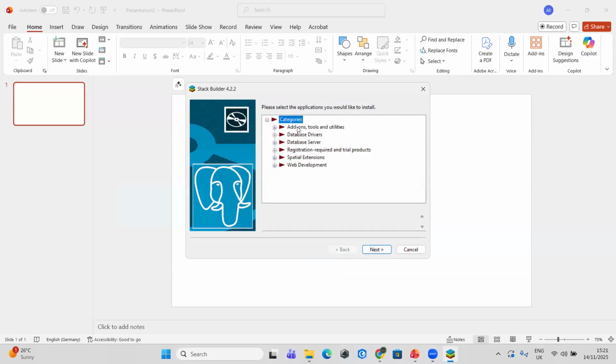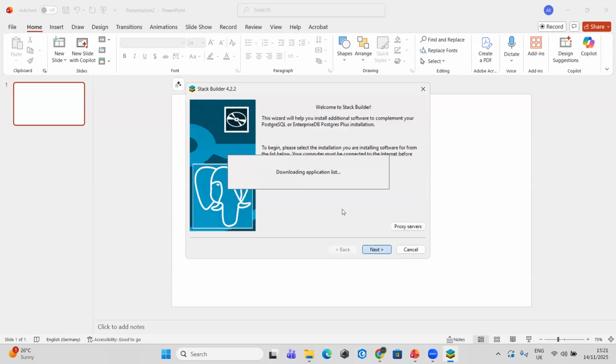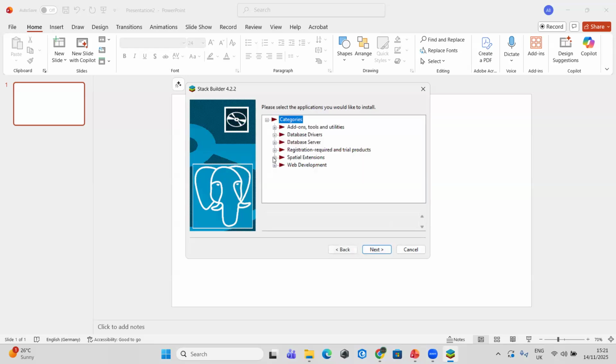So this is a very heavy application, Stack Builder. There will be spatial extensions. So you need to select this one. In spatial extension, you need to check PostGIS.